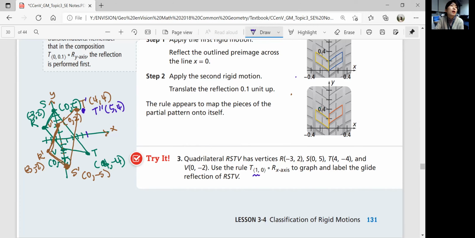Okay, and then S prime becomes 1, -5. So it's over here. And then your R prime becomes -2, -2. Okay, R prime. And then V prime becomes 1, 2. Connect the dots.